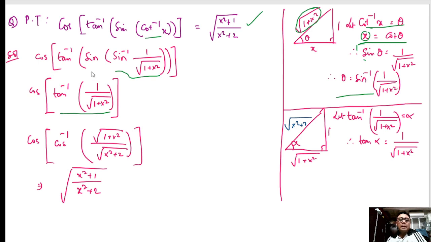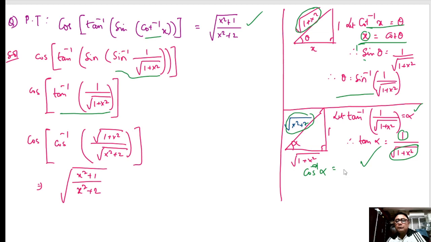So now let this be again tan alpha. Let this be equal to alpha. So tan alpha is this. That means this is my perpendicular, this is my base. So hypotenuse will come root over x square plus 2. So cos inverse of, so cos alpha will be what?